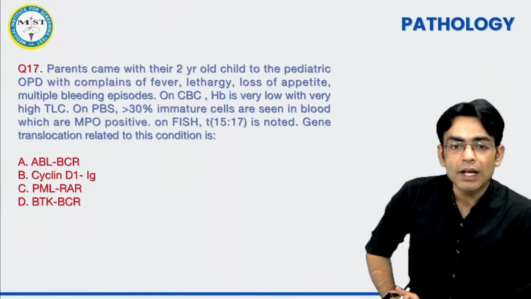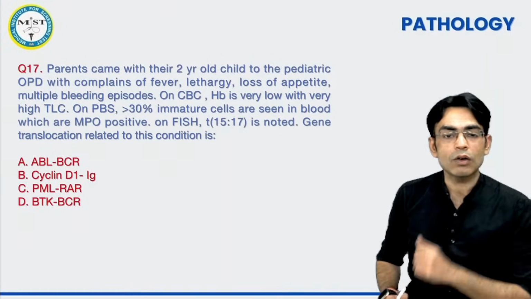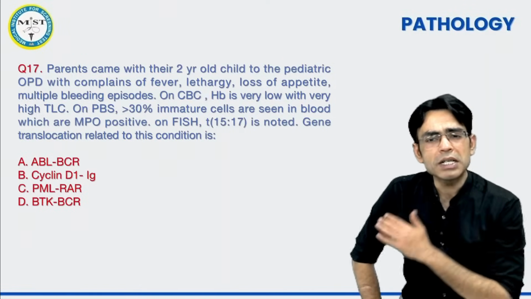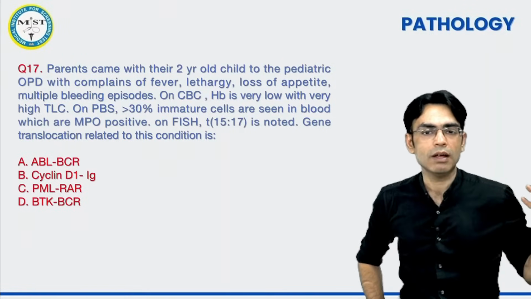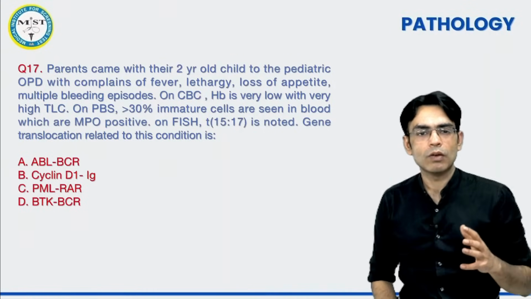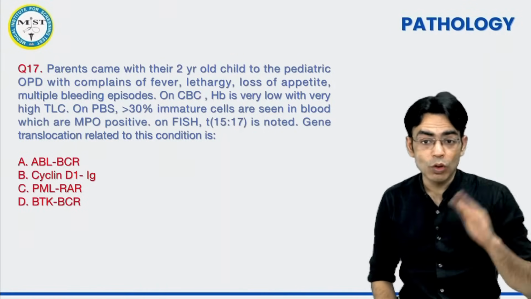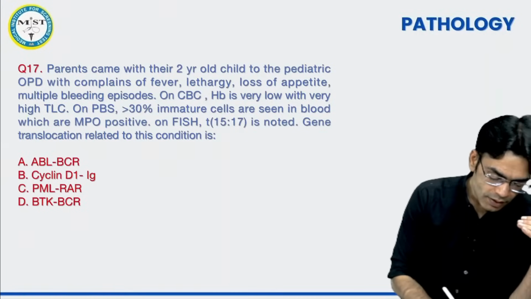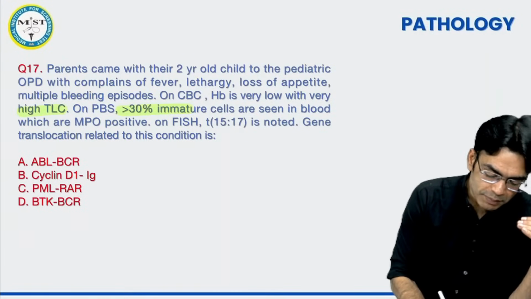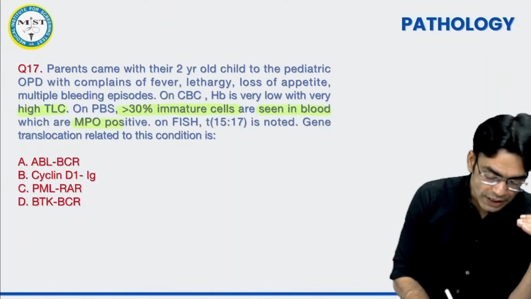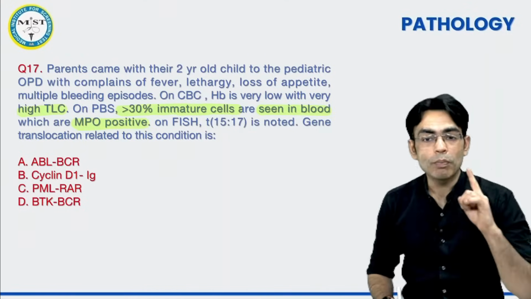Parents came with their 2-year-old child to the pediatric OPD with complaints of fever, lethargy, loss of appetite, and multiple bleeding episodes. On complete blood count, hemoglobin is very low with very high TLC. On PBS, more than 30% immature cells are seen in blood, which are MPO positive, myeloperoxidase positive.